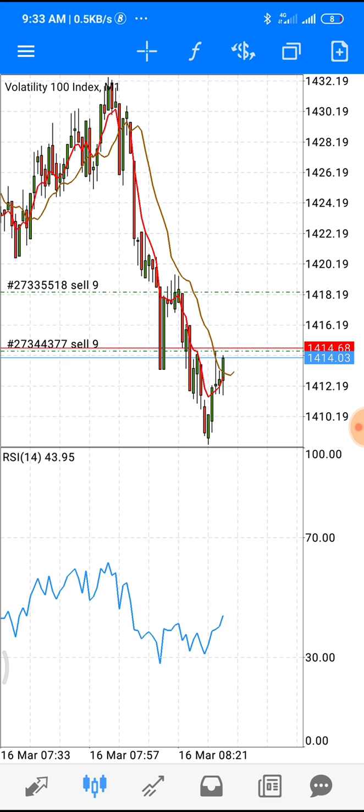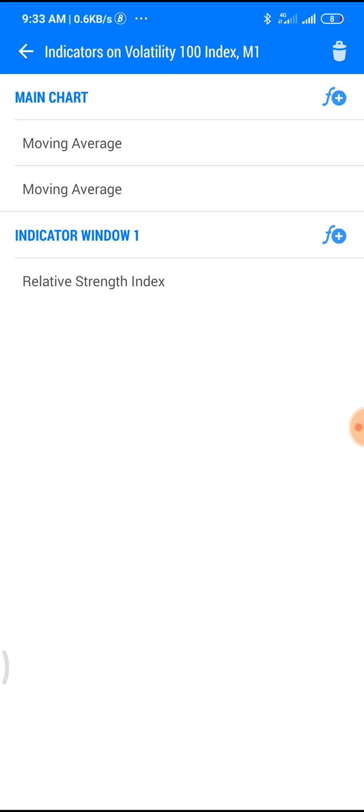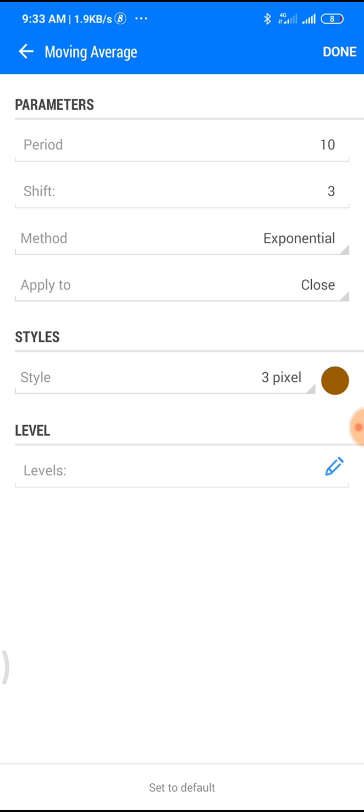This red moving average doesn't work for this strategy, but this other one, this brown moving average, works for it. And these are the settings of that brown one: exponential moving average, period 10, shift 3, apply to close.